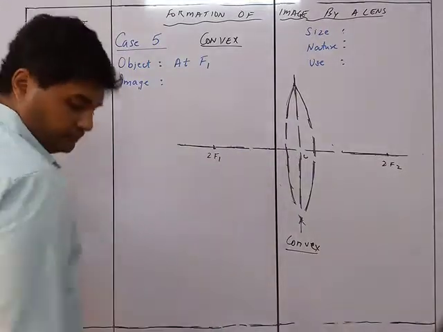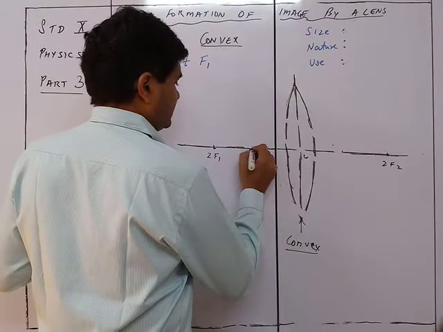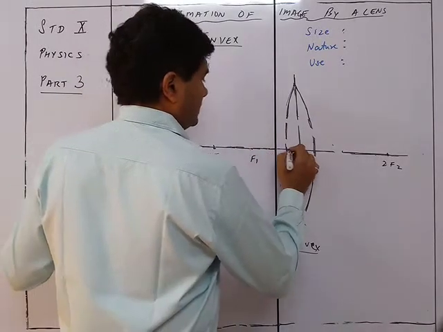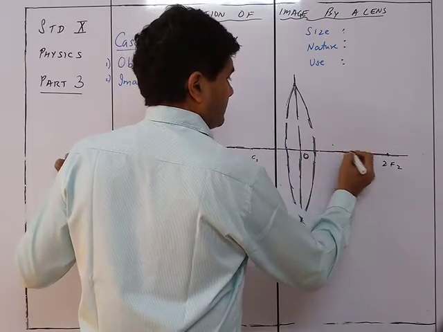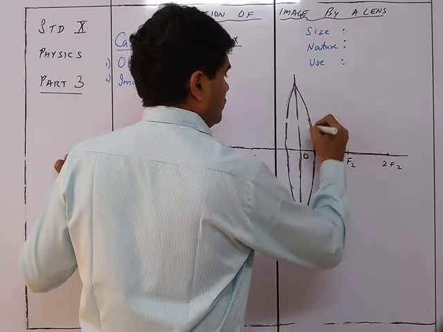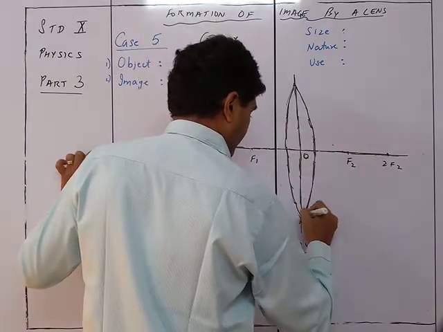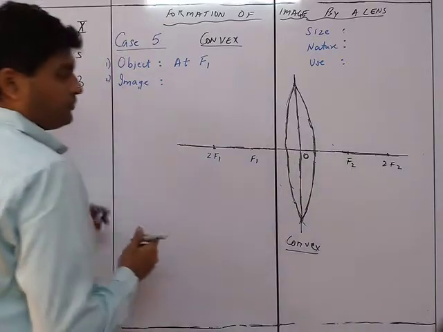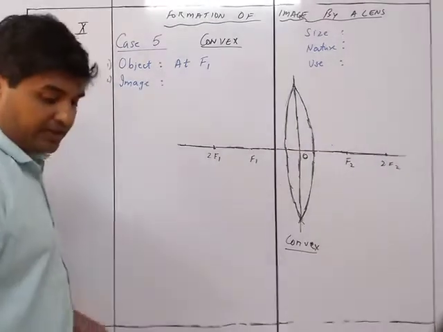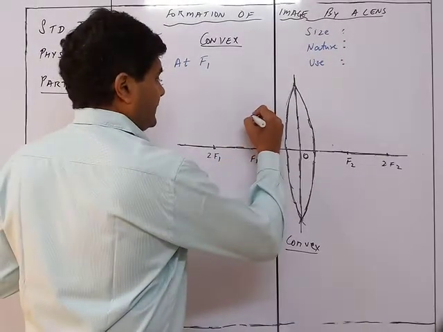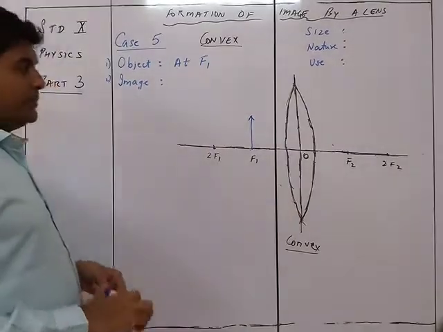Right, so I need to just complete this. This is F1. This is F2. Okay. So this is the required thing and we need to draw the object now at F1.